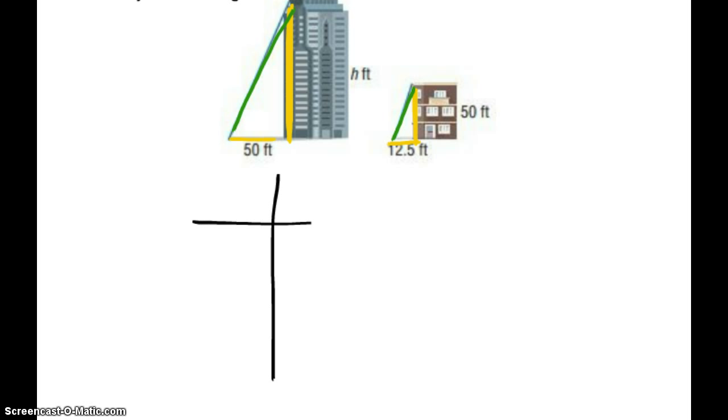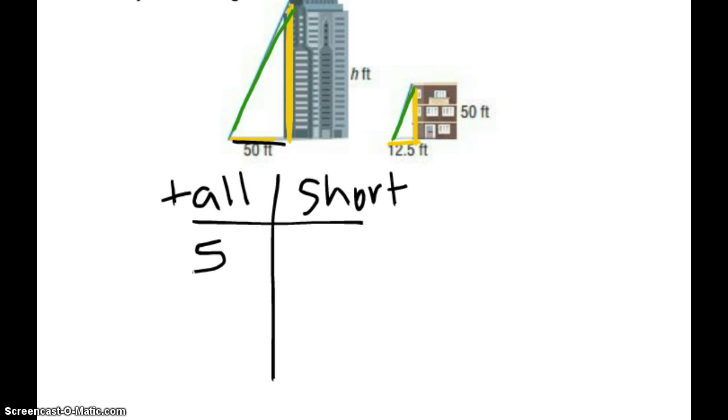So here's my ratio table, and I'm going to put the tall building on this side and the short building over here. And I know that this shadow for the tall building is 50 feet, and the short building's shadow is 12.5 feet.